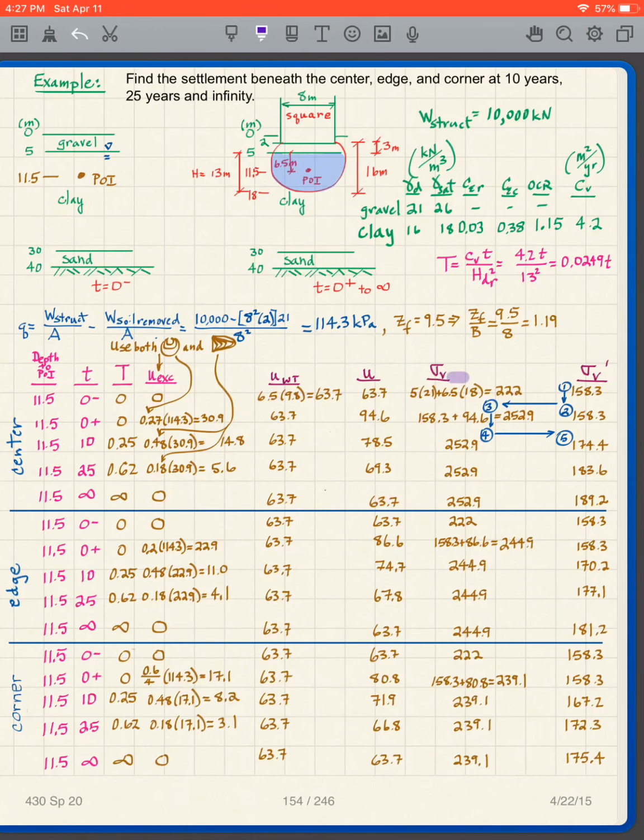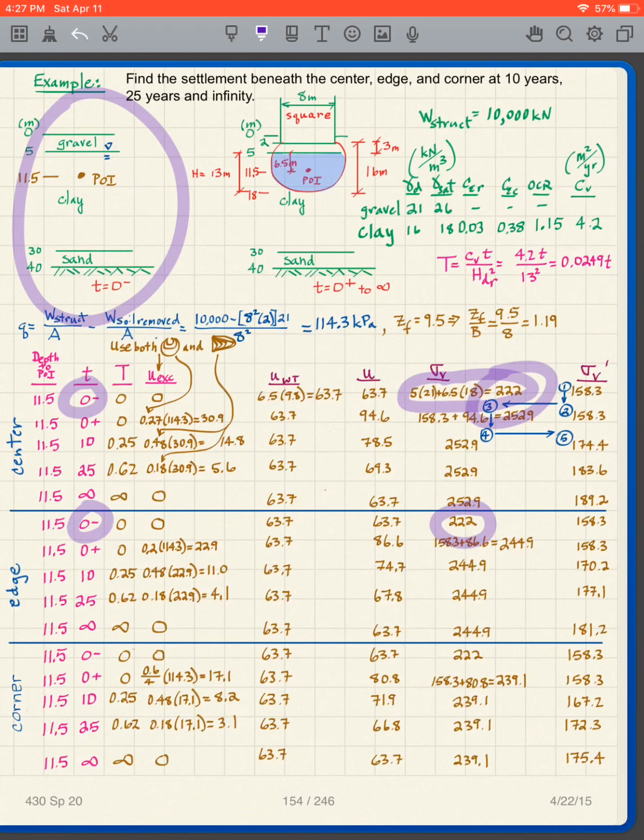Then how do I get my sigma V? Well, again, I look at the correct picture for the correct time. So at time t equals 0 minus, I look at the t equals 0 minus picture to get the sigma V. Same thing down here. These are equal. Why? Because the t equals 0 minus picture is the same in each case, so that number is always going to be the same.